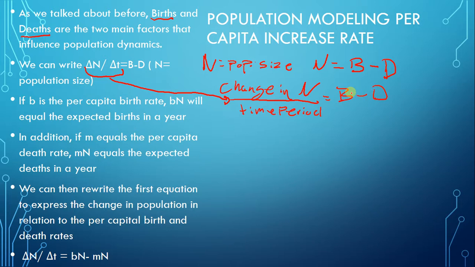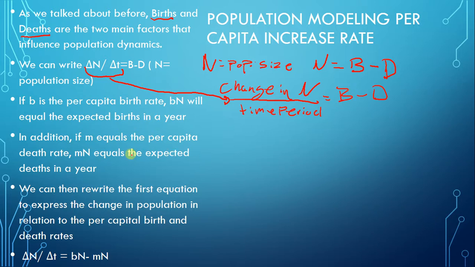That makes sense, right? If we can only manipulate people that are born or people that die, the change in our population over a certain period of time, a year let's say, is going to equal however many people are born in that year minus however many people die. Good so far? All right.